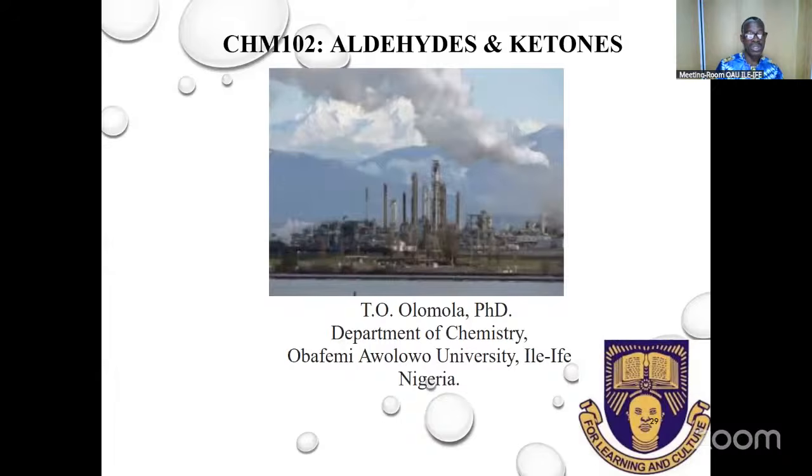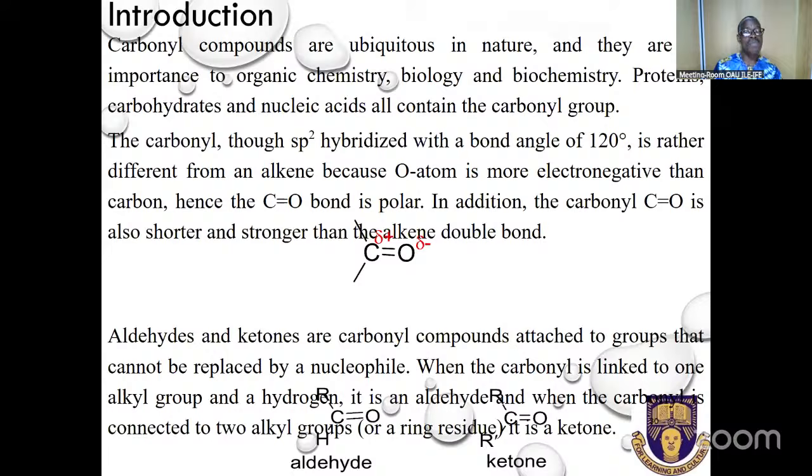So today, we are starting a very new topic, which is the carbonyl compounds. What are carbonyl compounds? Carbonyl compounds are everywhere in nature, and they are of importance to organic chemists, biologists, or biochemists.